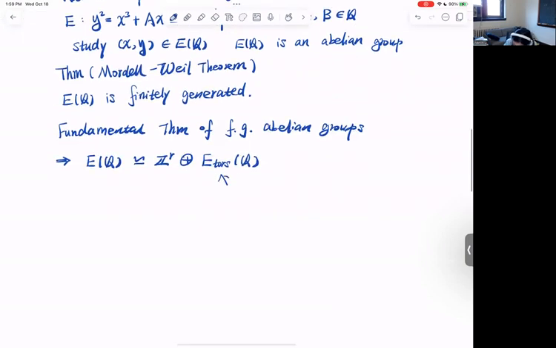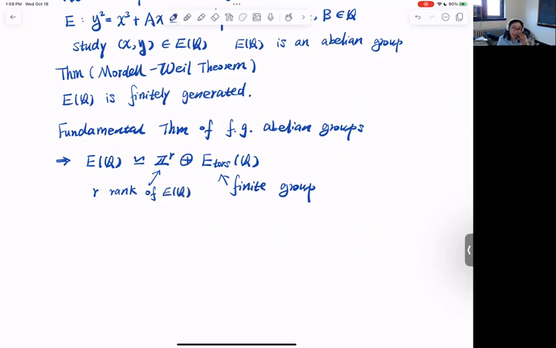This is finite. So if I have a finitely generated abelian group, I will have a free part. So this is the free part. This integer r is called the rank of E(Q).